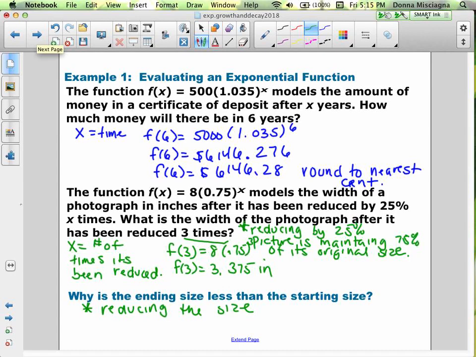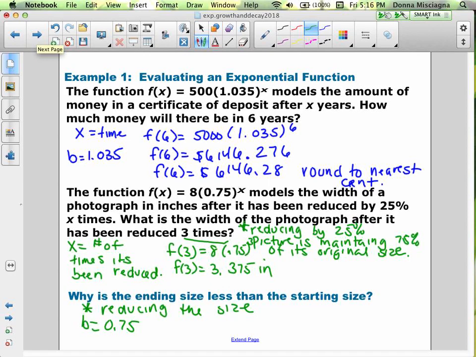So look at the base in the first problem. The first problem, that was 1.035. In the second problem, let's actually write that down. So here, b is 1.035. In the second problem, b is equal to 0.75. Do you notice something different about those bases?